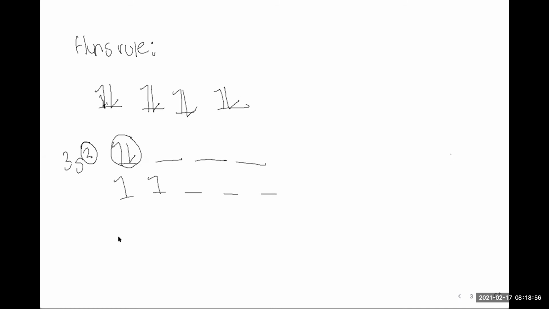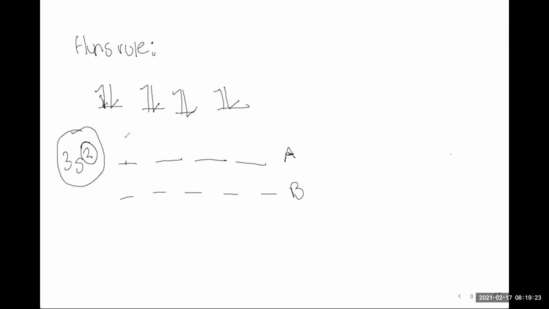Right. So let's take this as an example. Let's say on a test you get, is this the correct way to fill these orbitals? Let's say you get this electron configuration, 3s2. And let's say this is A and this is B. And they ask, which one is the correct way?